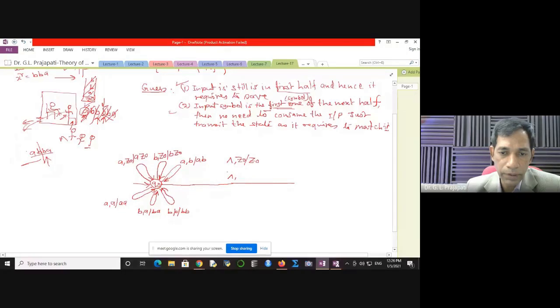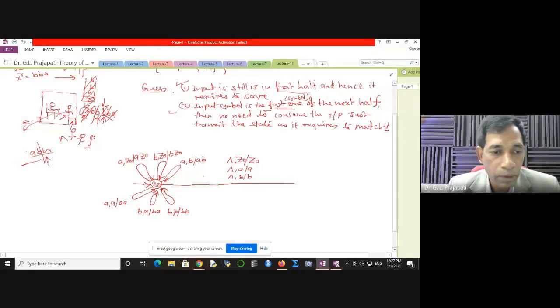Next possibility is the top can be A, and you don't require changing the top. Next possibility is the top can be B, and you don't require changing the top. So by assuming the second guess, what you come to know is that the input you are reading is the first symbol of the next half, and hence you don't require consuming it, you only need to change the state.